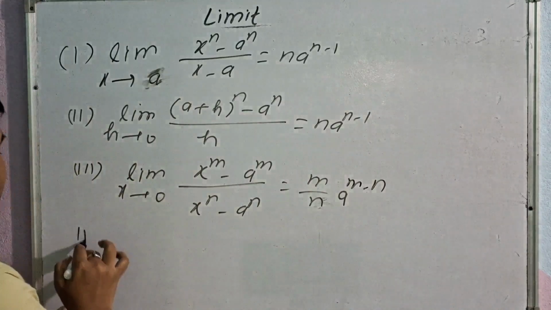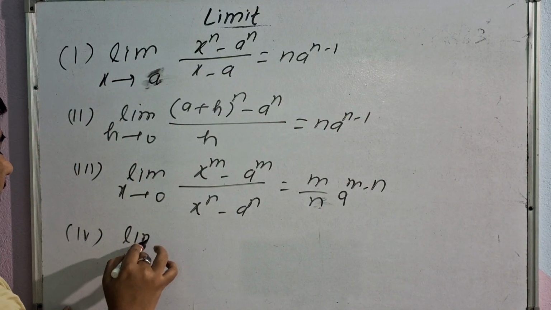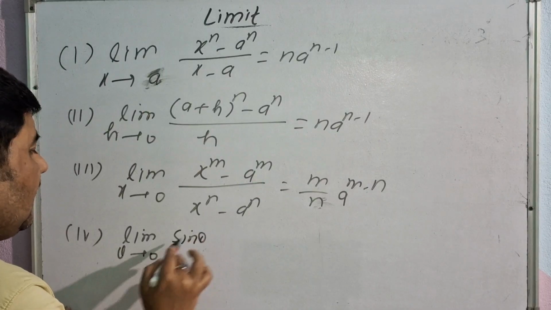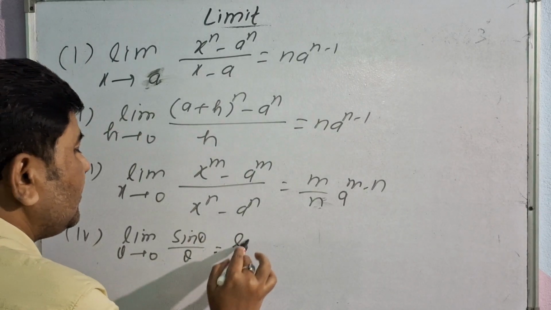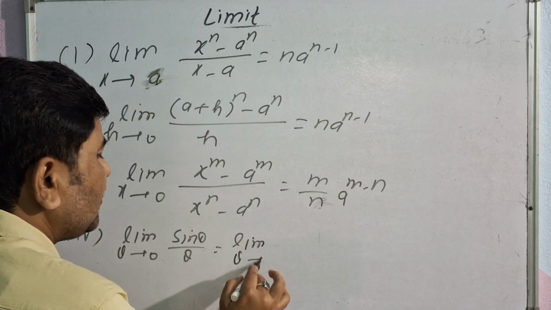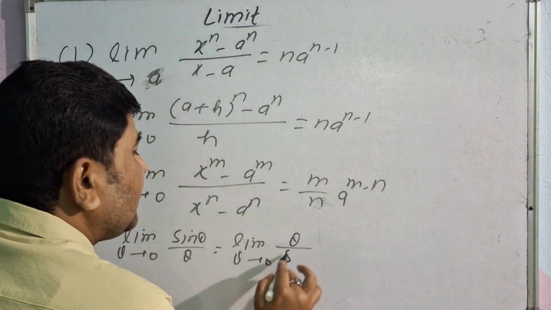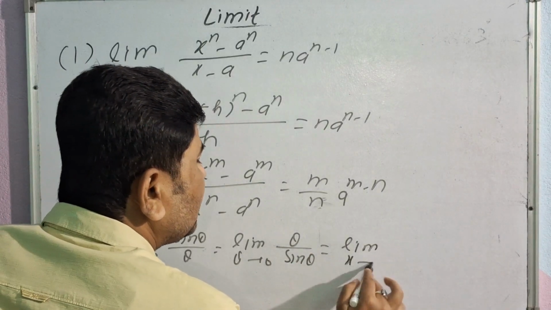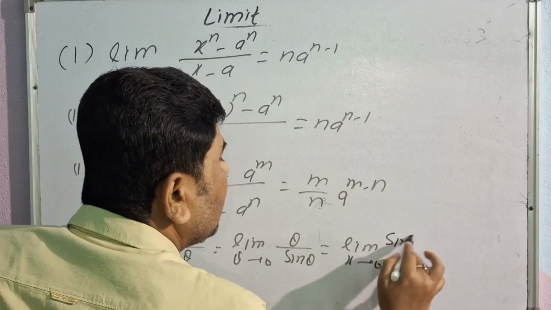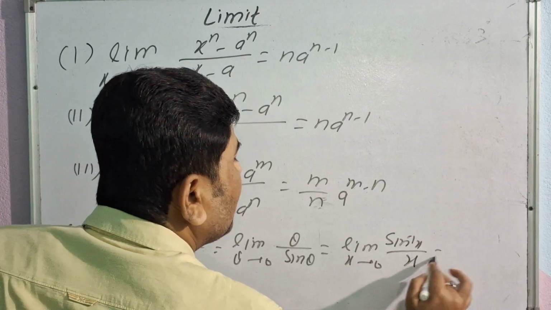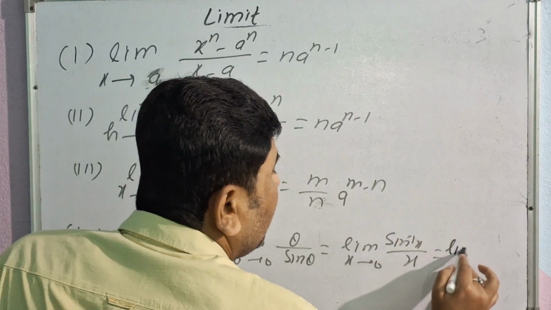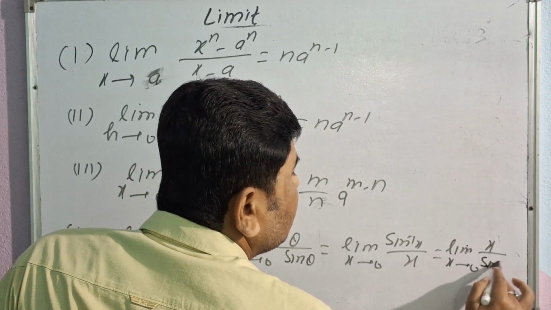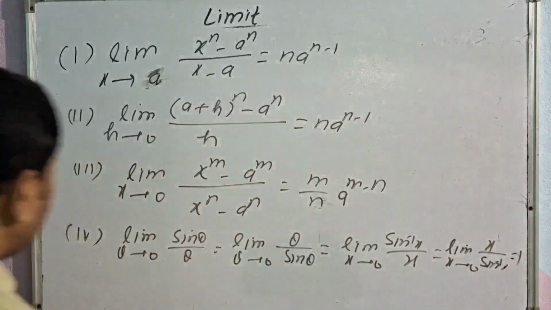Okay? Fourth: limit theta tends to 0, sin theta by theta equals limit theta tends to 0, theta by sin theta equals limit x tends to 0, sin inverse x by x equals limit x tends to 0, x by sin inverse x equals 1.